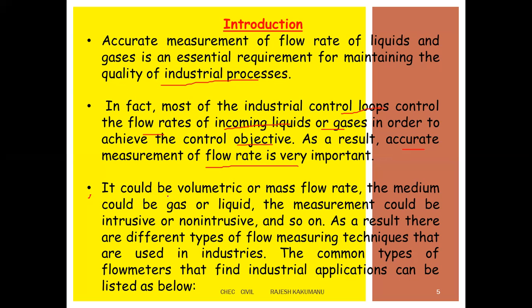Next, it could be a volumetric or mass flow rate. In order to find the flow rate, it could be the volumetric type or the mass flow rate. The medium could be gas or liquid.